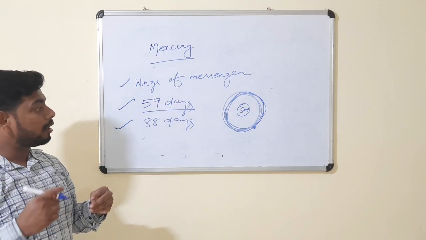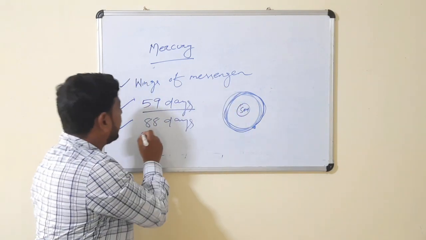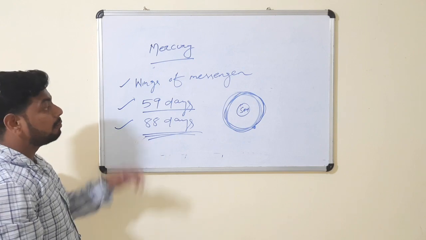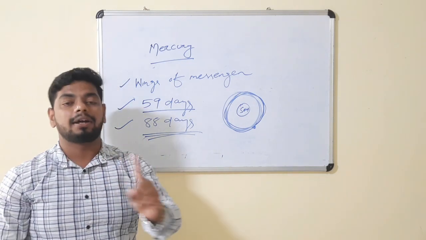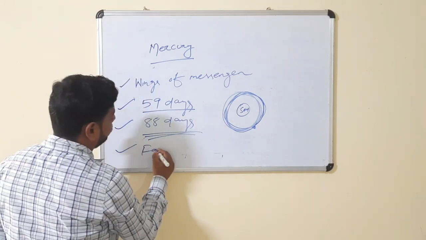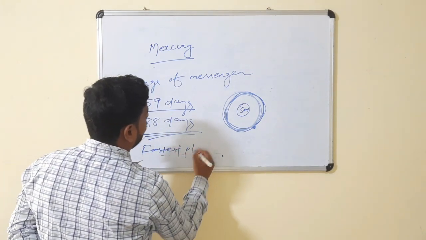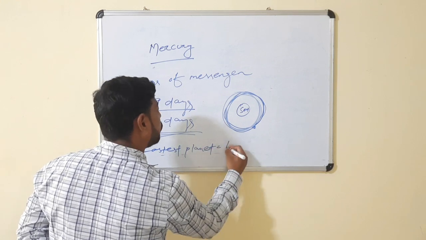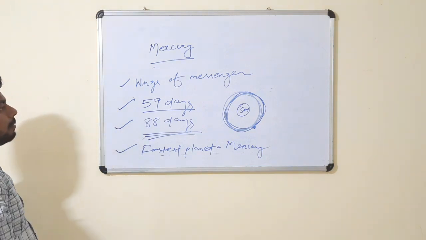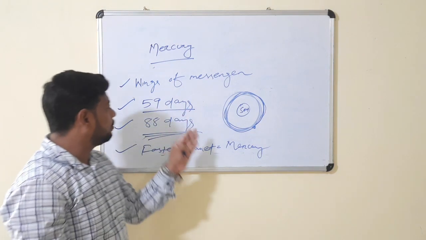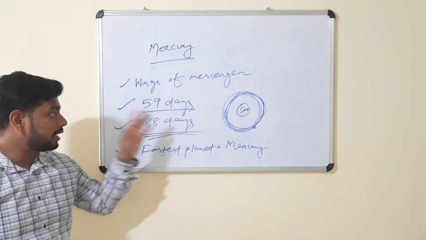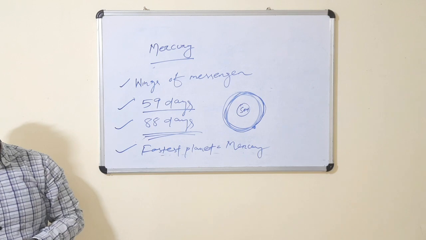And to complete one revolution around the sun, it takes 88 days. Mercury moves very fast, so the fastest planet is Mercury. To complete one rotation and one revolution, Mercury takes 59 days and 88 days respectively.